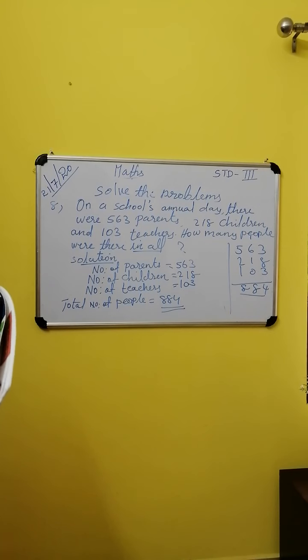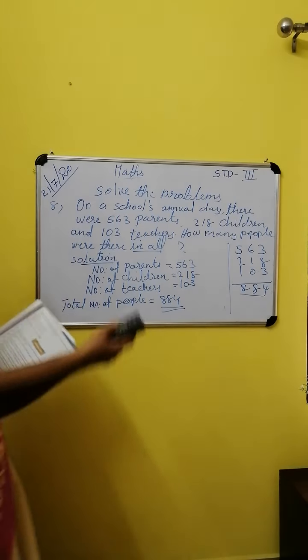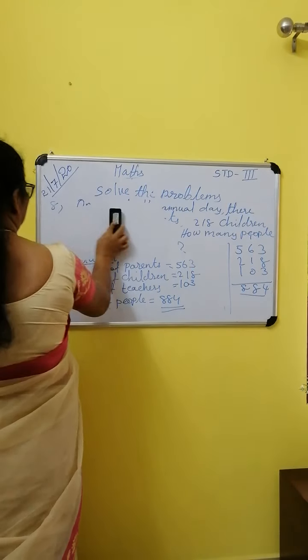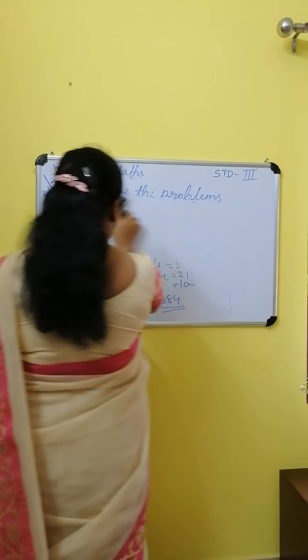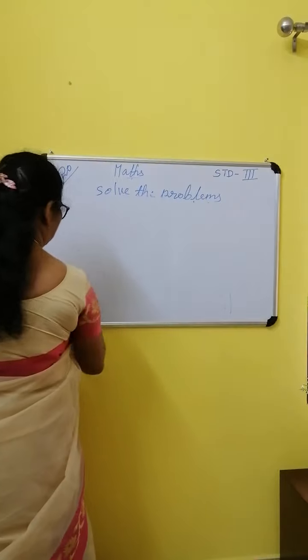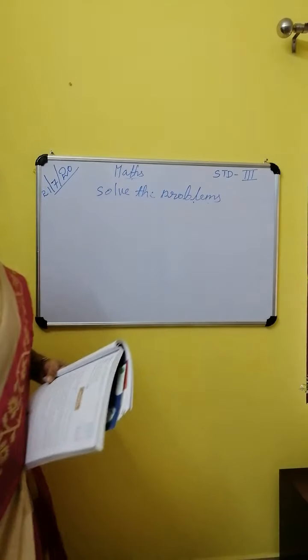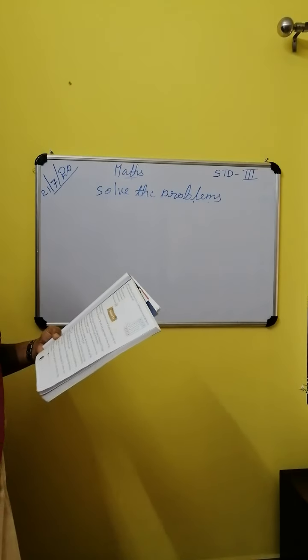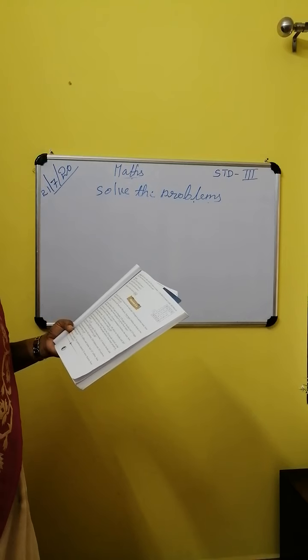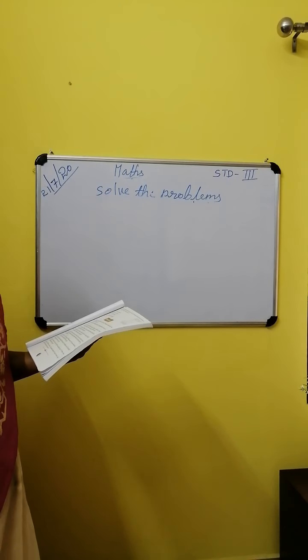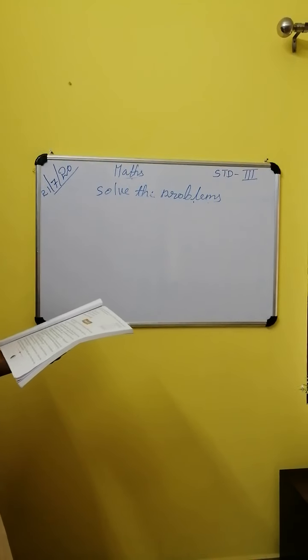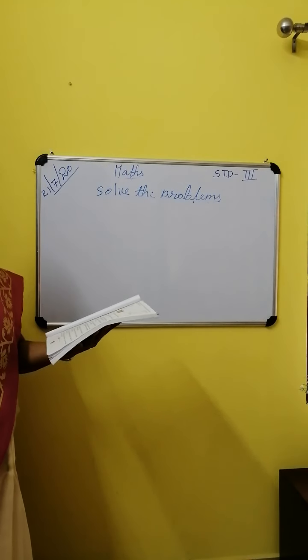Then ninth one. Ninth one. Mona had 163 toffees. Mabel had 215 toffees and Seisha had 137 toffees.